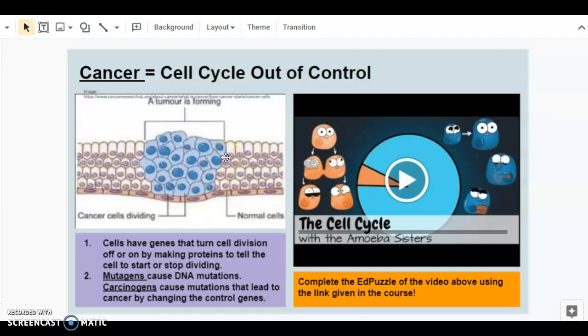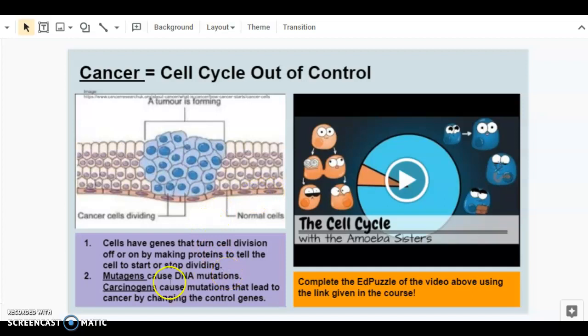Cancer cells either have a problem with the gene that tells them when to stop or when to start. So they divide out of control. Watch this video by the Amoeba sisters to better understand the cell cycle and how that contributes to cancer cells.